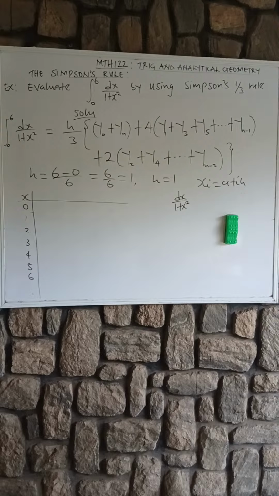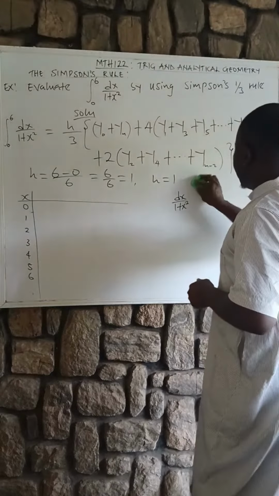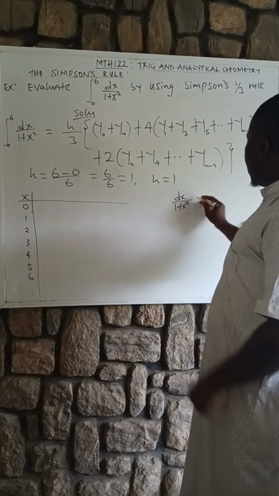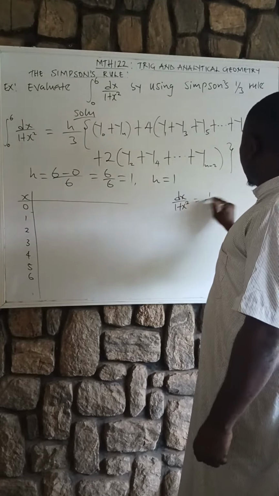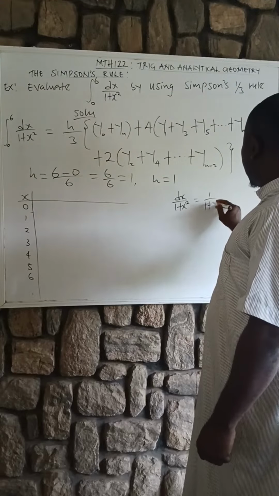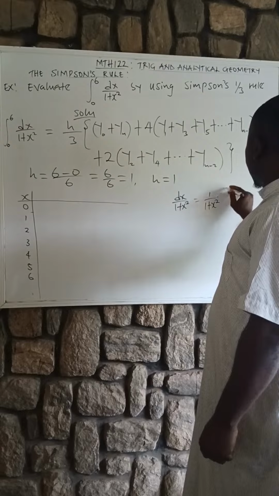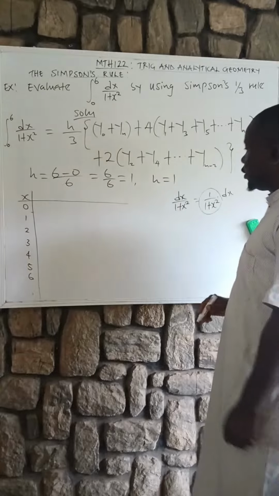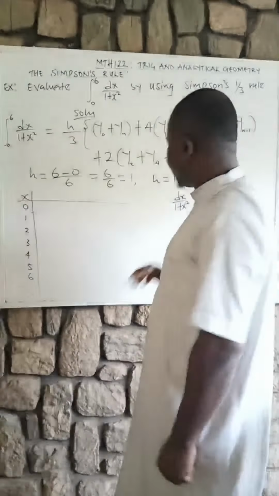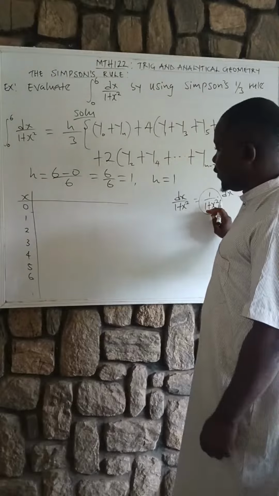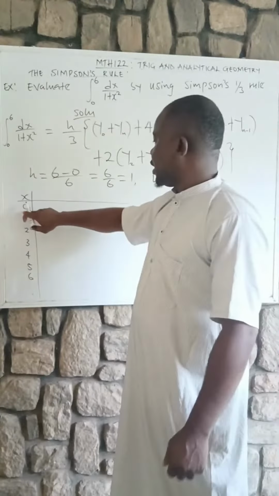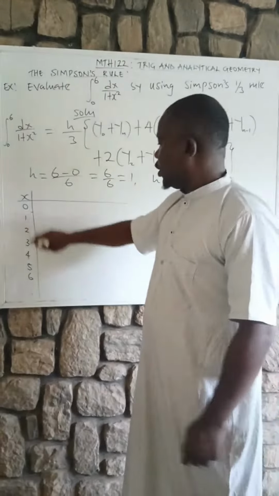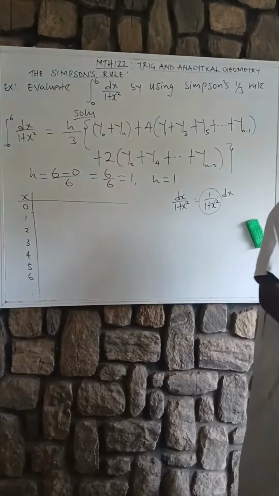So we can rewrite this way, 1 all over 1 plus x squared times dx. This is the function. So anywhere you see x inside this function, you are going to substitute in 0, 1, and any answer it gives you, that is your y.